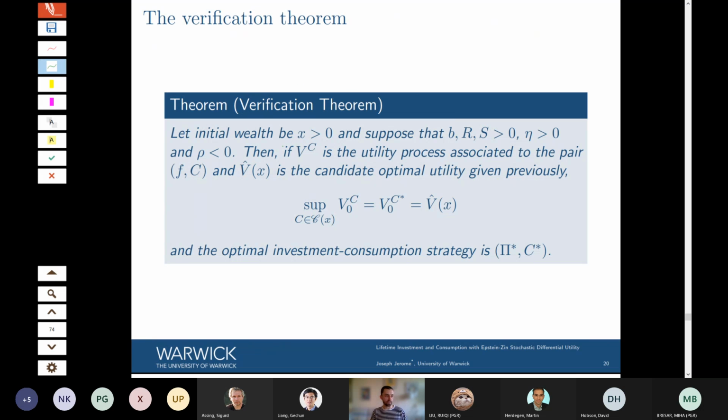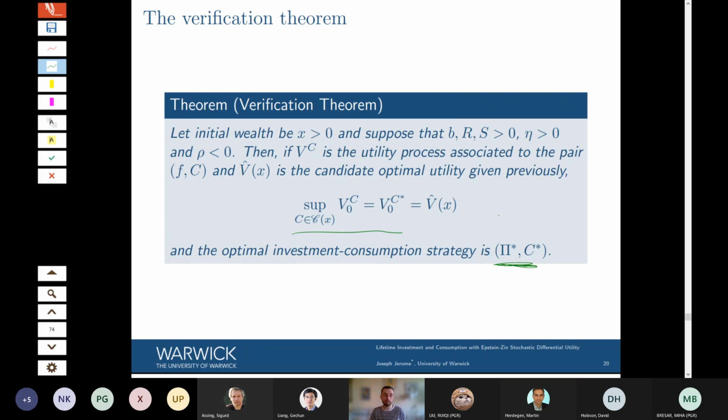So given this is satisfied and rho is less than 0, then our candidate optimal investment consumption strategy is optimal, and the value at time 0 is just given by our candidate value function of x.